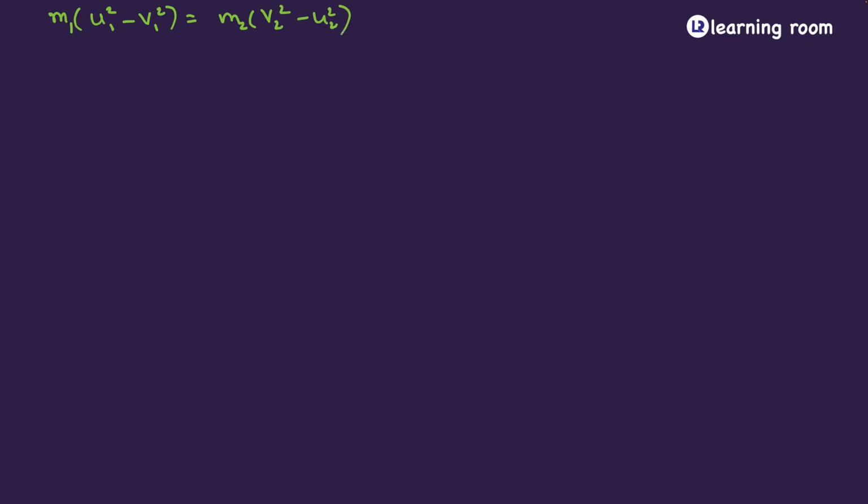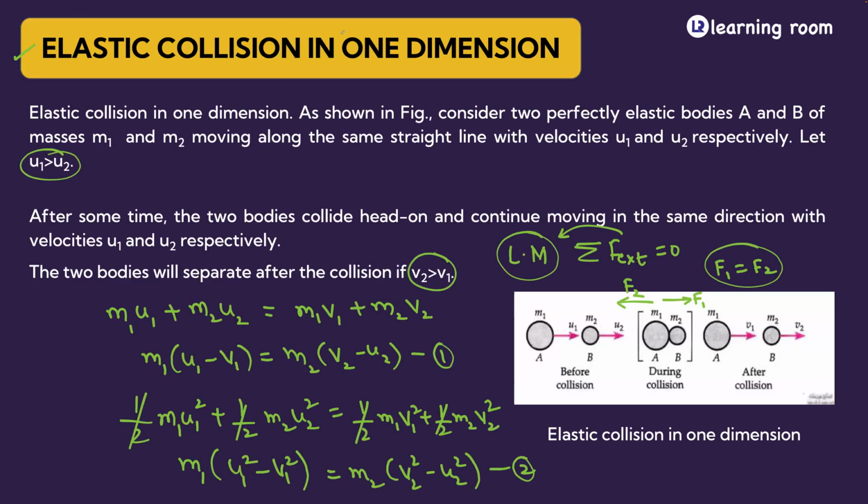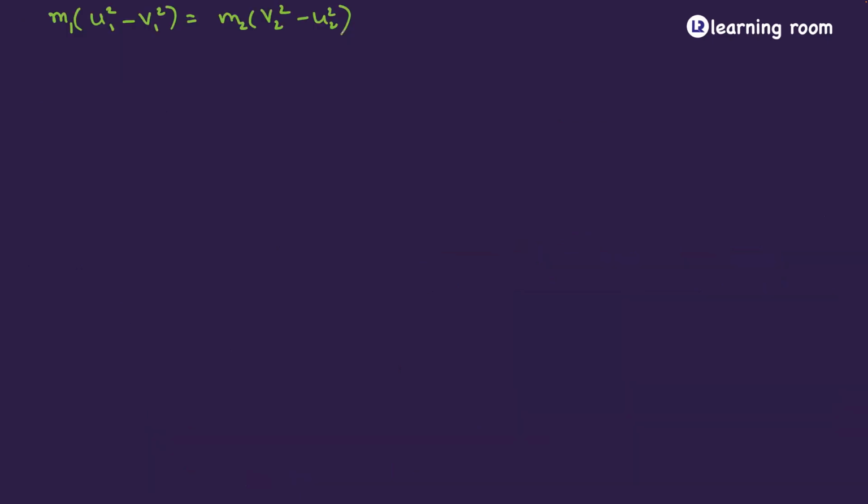So what does the first equation tell us? First equation says m1 into (u1 minus v1) is equal to m2 into (v2 minus u2).